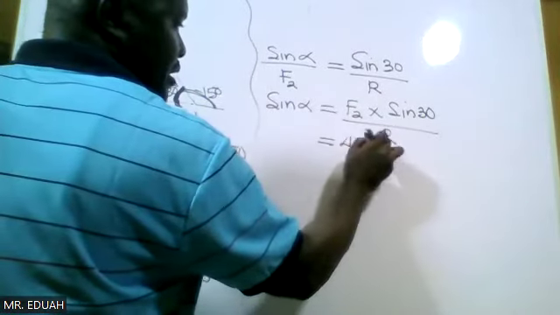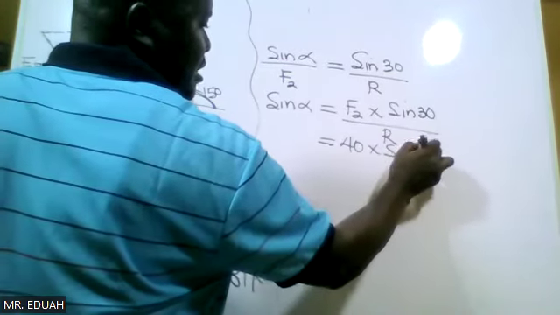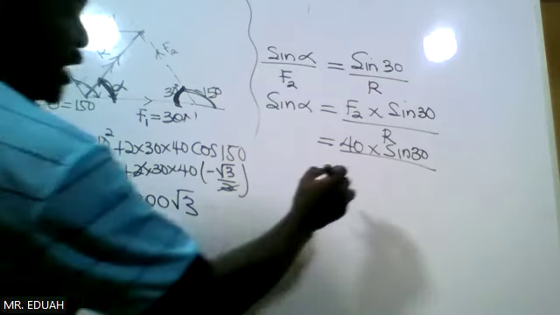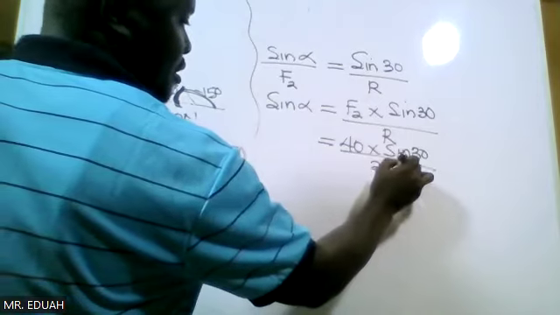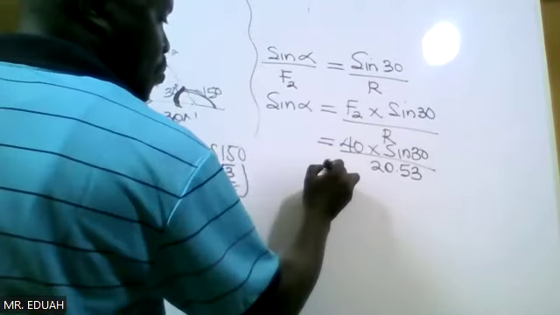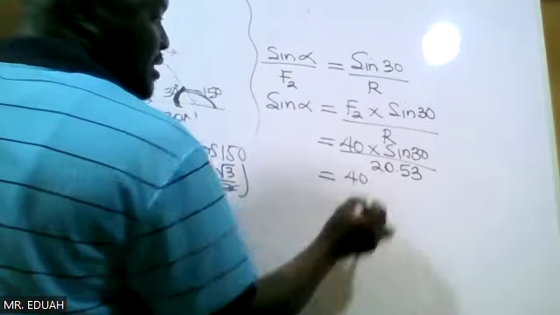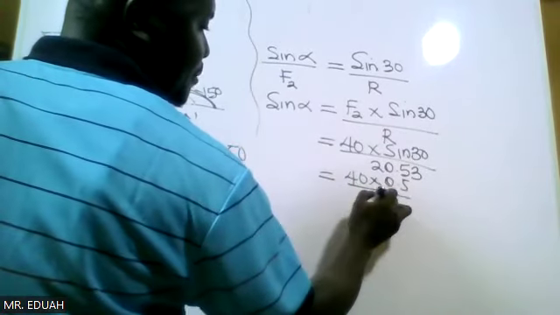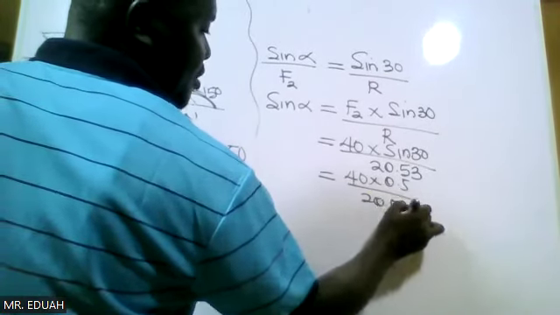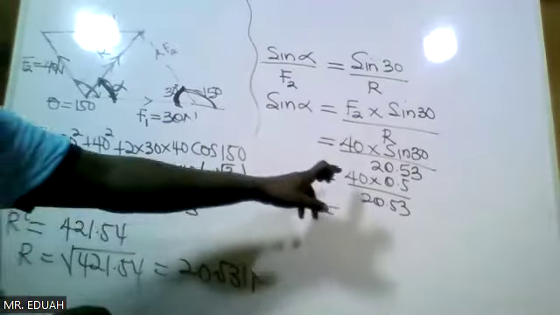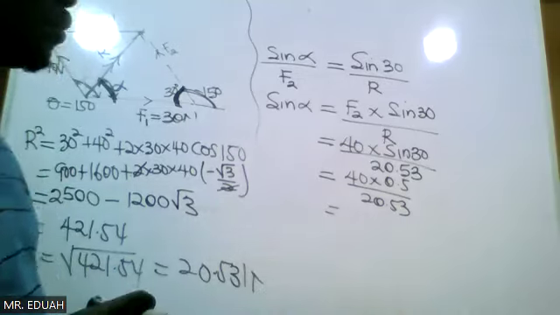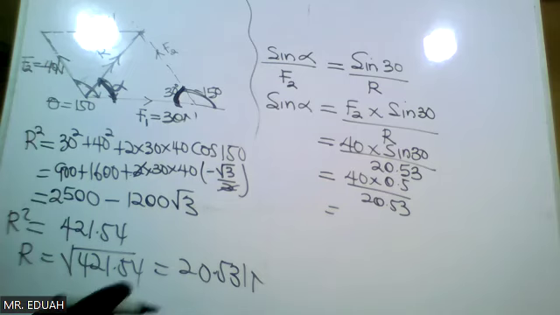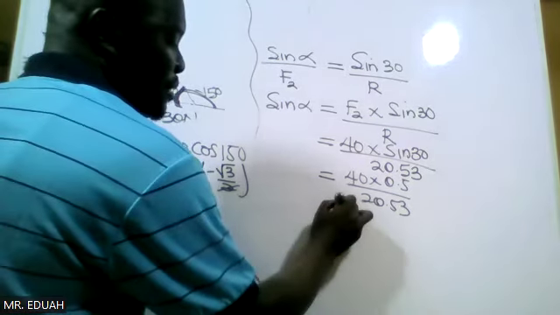So 40 times sine 30 over R. We got 20.53 for R. Sine 30 is equal to half, so 0.5 times 40 is 20, over 20.53. Please compute 20 divided by 20.53 for me.